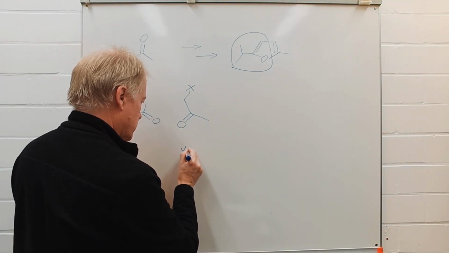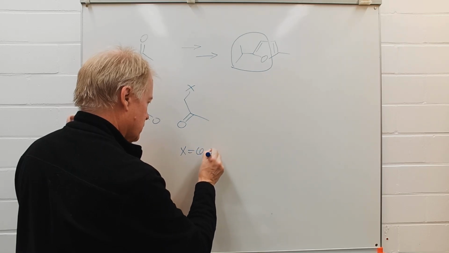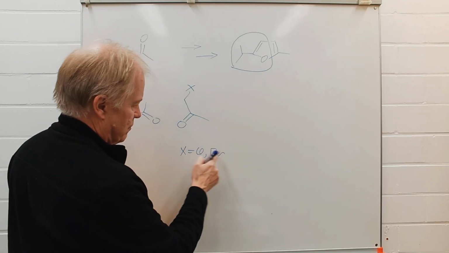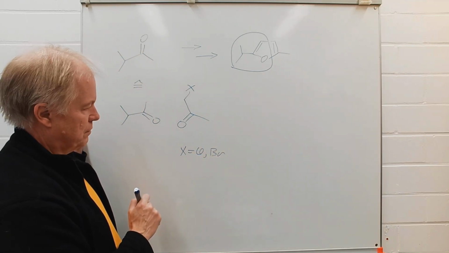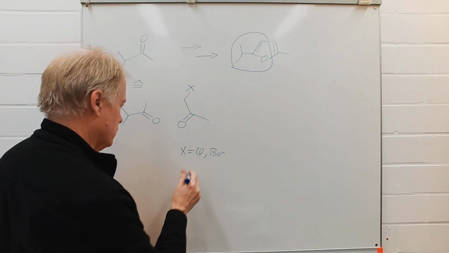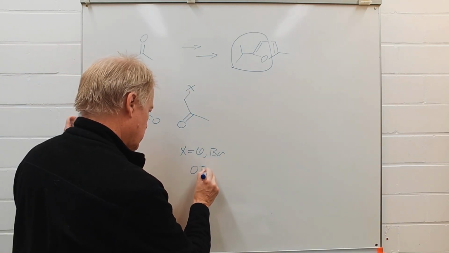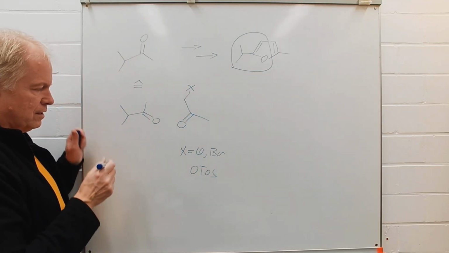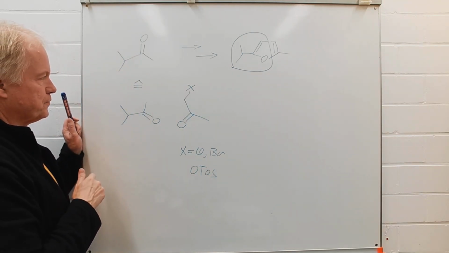And what could be X? Well, it could be chloride, bromide. Well, with those two we should be very careful because that compound then is a lacrimator, and maybe something like that, a tosylate.